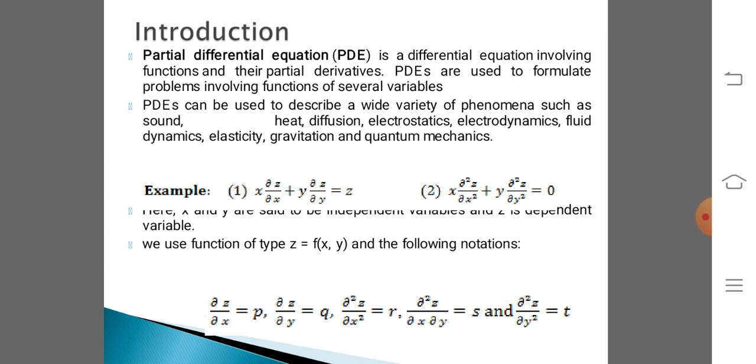Similarly, q in this unit stands for dou z by dou y. Similarly, r equal to dou square z by dou x square, s equal to dou square z by dou x dou y, and t equal to dou square z by dou y square. These are all the standard notations we will use in this unit.